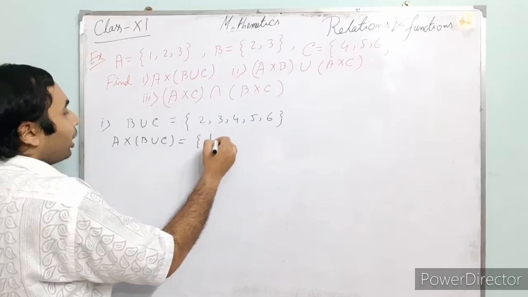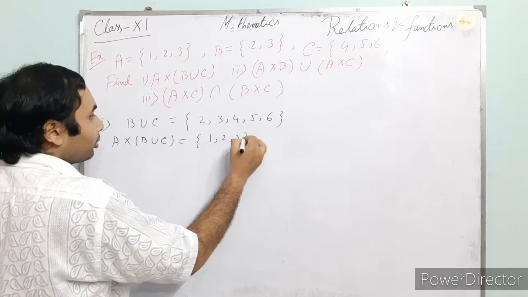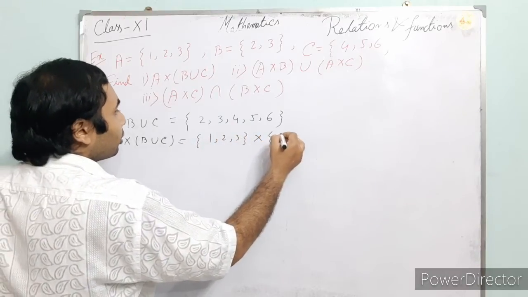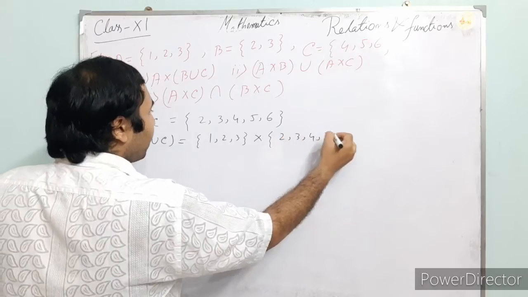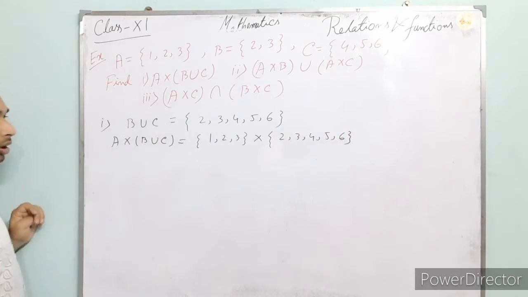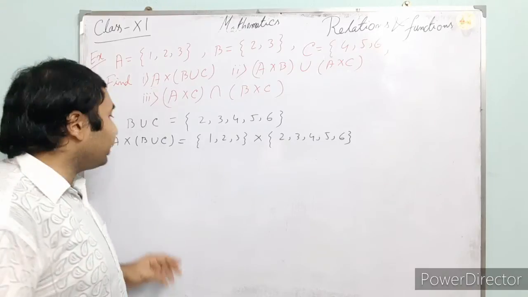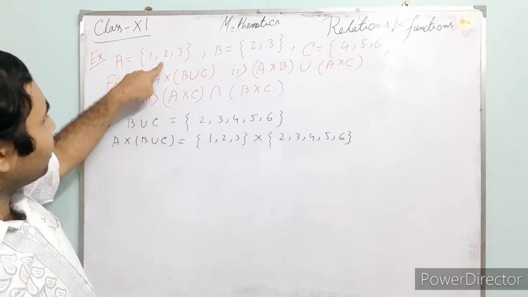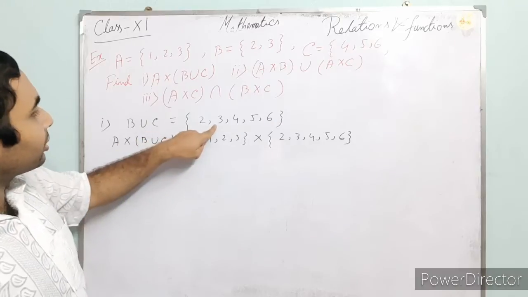That means {1, 2, 3} cross {2, 3, 4, 5, 6}. How many elements will be there in this set? A set consists of 3 and B union C consists of 5.